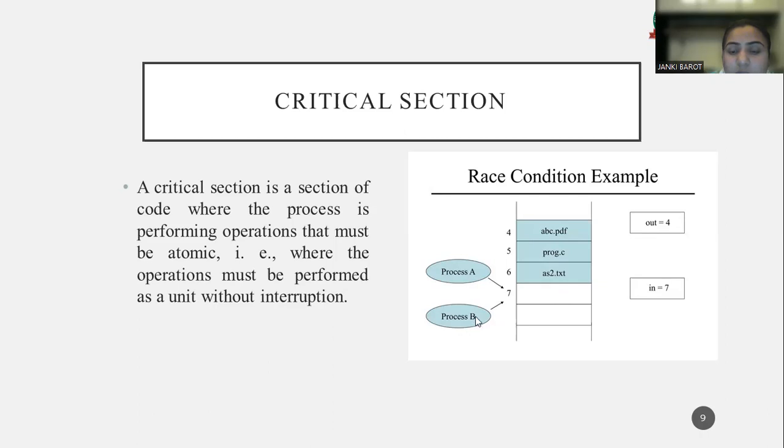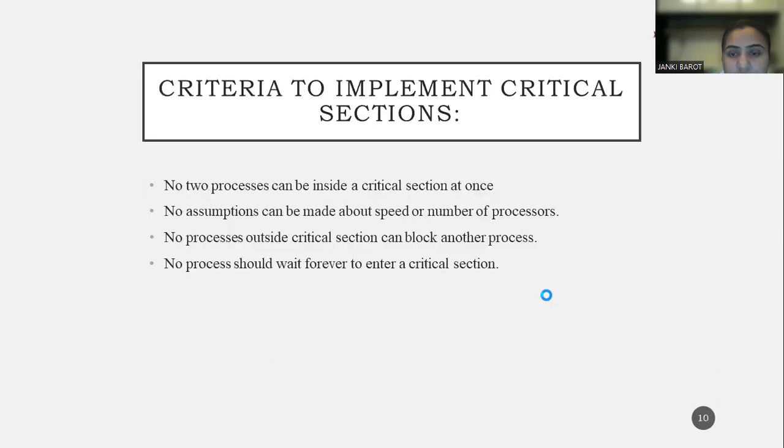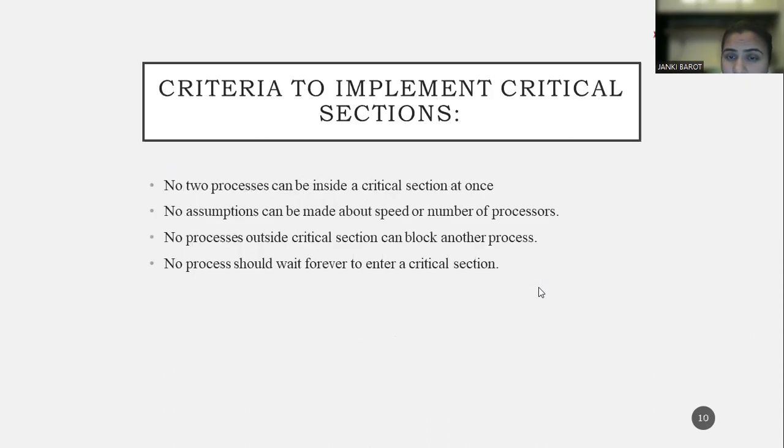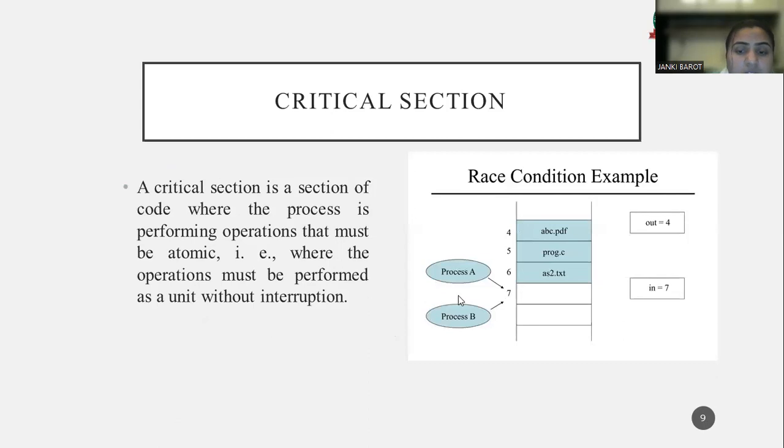Process A will be overridden by process B. So here it is written that each process must ask permission to enter the critical section, in an entry section. So when B comes, B needs to ask whether it can enter the critical section or not. If A gives consent that yes, I have completed the task and now you can enter the critical section, right?